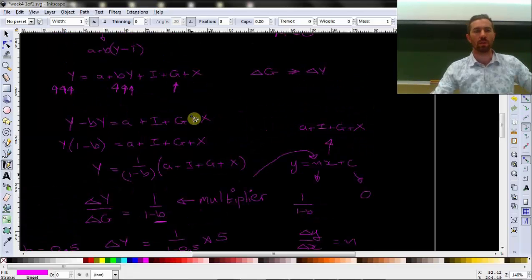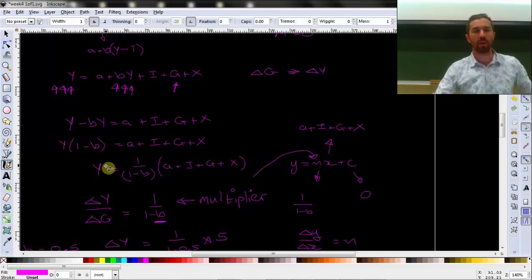So when we had the equation y equals a plus by plus I plus g plus x, what I wanted to do was solve for y, which means I have to isolate y and put y on the left-hand side of the equation and get it out of the right-hand side. That way I can solve for y.